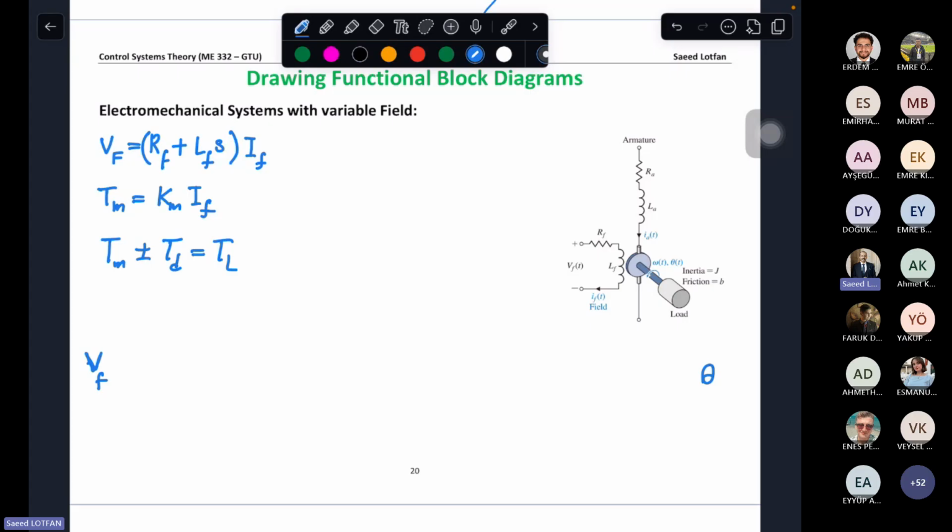If I start one by one, when VF comes to the system, what do I have here?